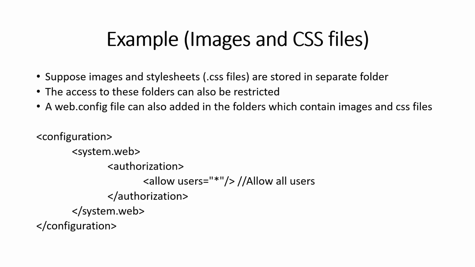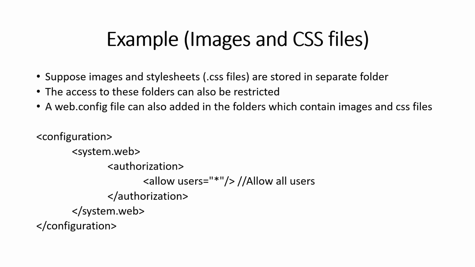So if we have specified the allow rules and deny rules for all the authenticated users, then these folders where the images and CSS files are contained will not be accessed by these kinds of users. So when the users view their profile or the web pages, they will not get the images. The images will not be displayed and style sheets will not be applied.